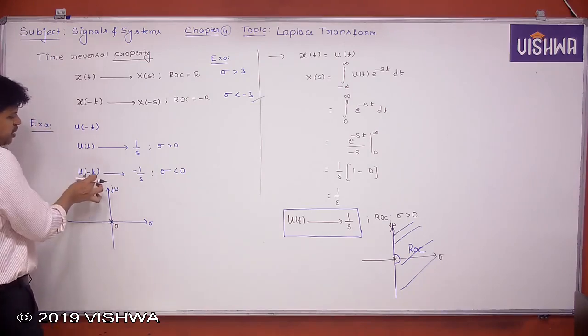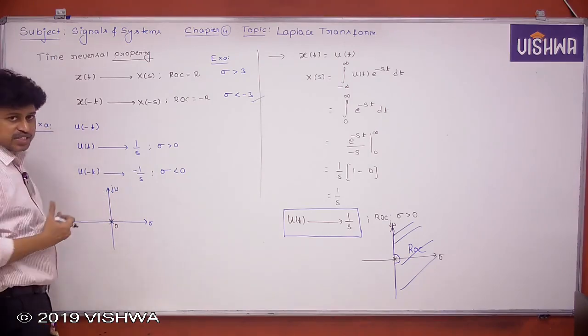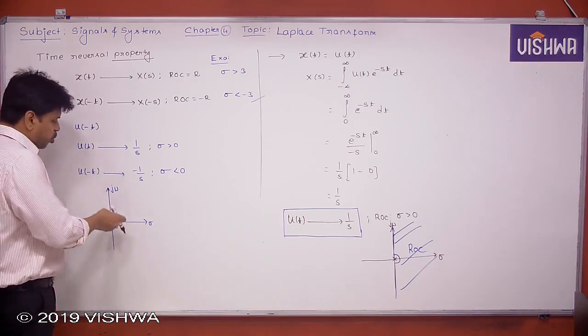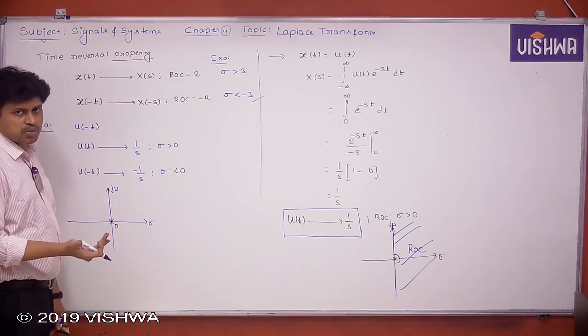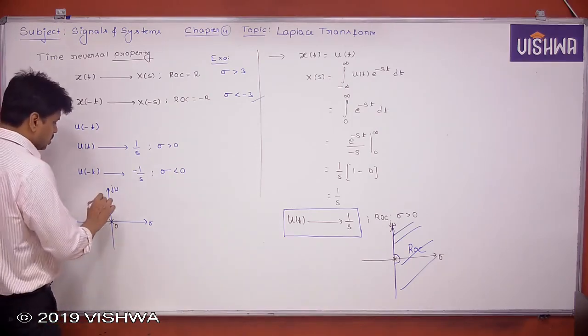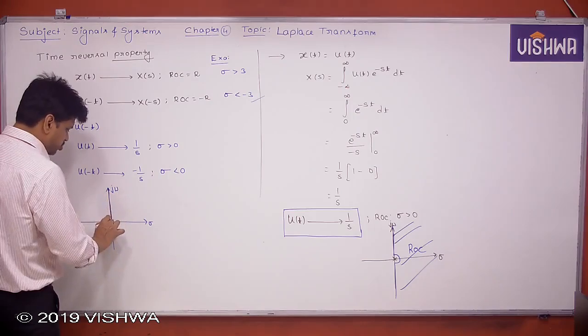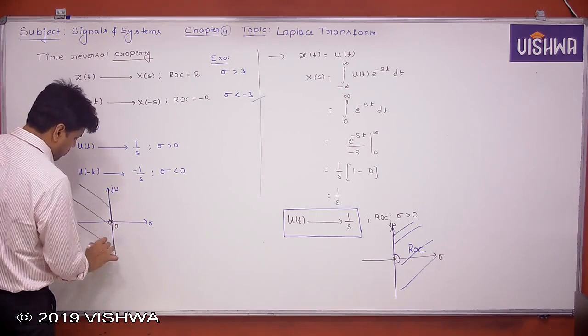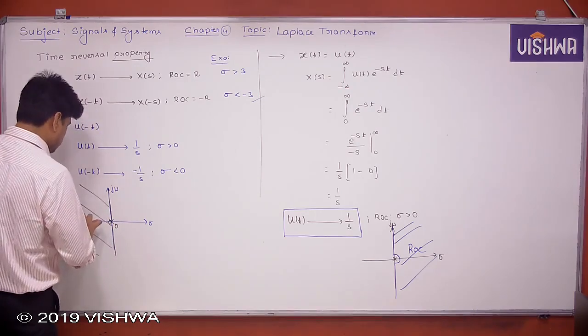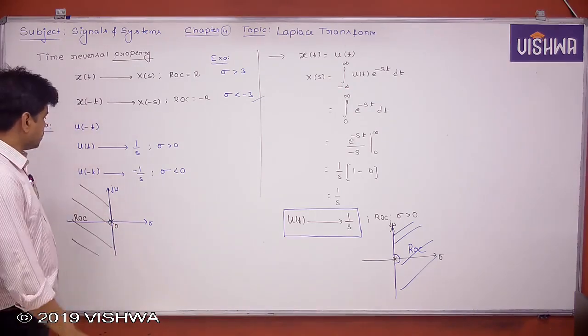If you observe carefully, u of minus t is a left-sided signal and we have the pole equal to 0. For a left-sided signal with pole at 0, the ROC is less than 0. So this is the ROC, except 0. We don't have to consider 0. This is what the ROC is. Clear? Take it.